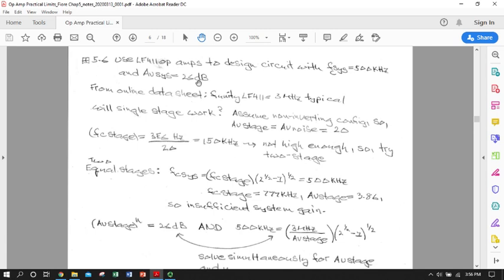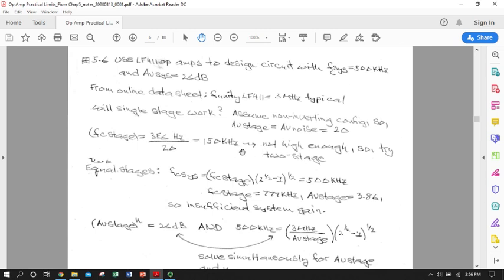The voltage ratio equivalent of 26 decibels is 20. So with one stage we'd have an AV noise of 20, and a gain bandwidth of 3 times 10 to the 6 divided by 20. Nope, too small. 150 kilohertz, and we needed 500.